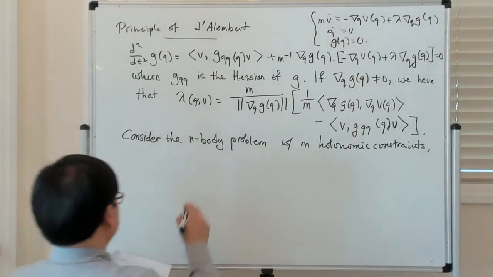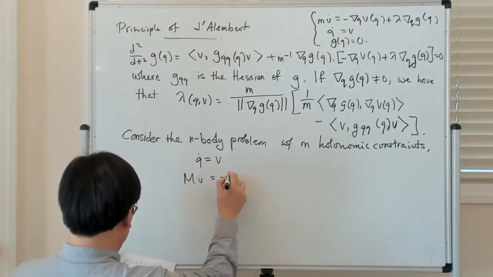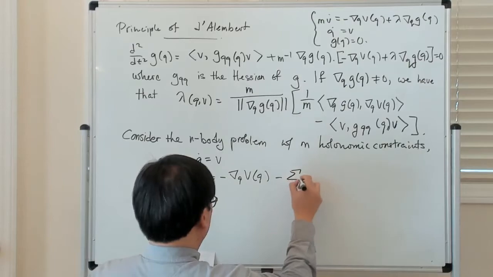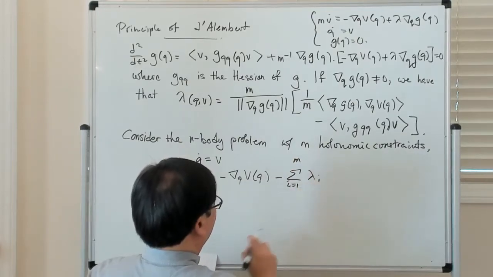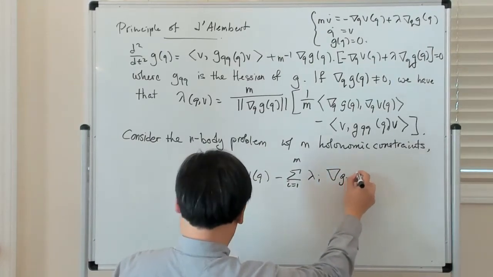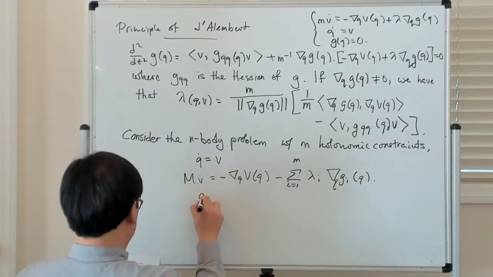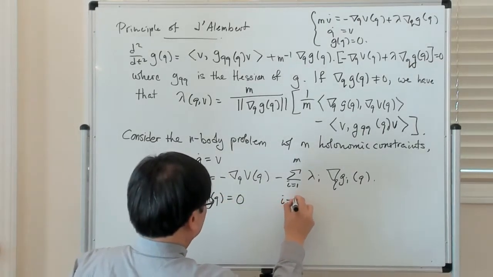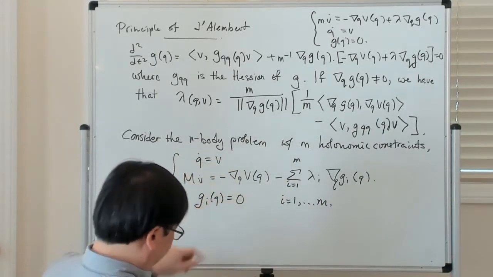All right. So you have q dot is equal to v. M v dot is equal to negative gradient of the potential minus now a bunch of multipliers, lambda_i, going from i equals 1 to m because of the m holonomic constraints, multiplied into the gradient of these constraint functions. Okay. And then you have the condition that q is on the constraint surfaces for all m of them. Okay. So you have this n-body problem with these m holonomic constraints.